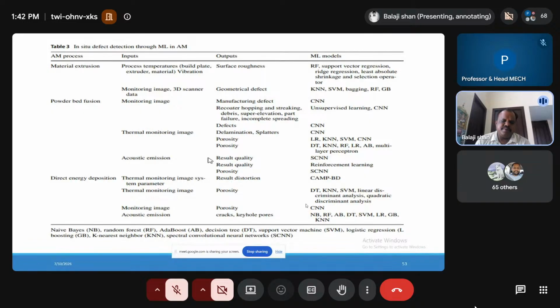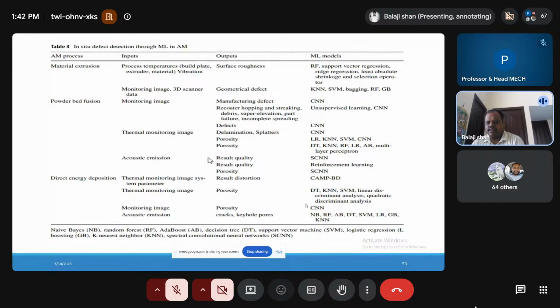For direct energy deposition, the inputs are thermal monitoring images, system parameters, and acoustic emission. The output results are porosity, distortion, and cracks. They are using different AI techniques for in situ defect detection using machine learning.